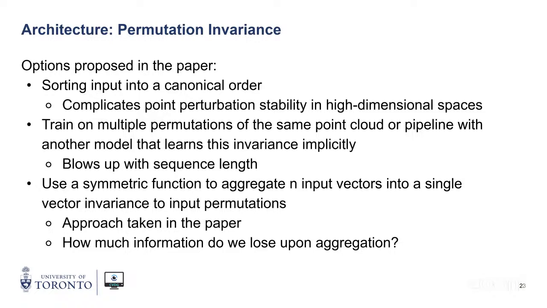One other important question to ask yourself is, when we aggregate all our information in the end with something like a summation or max pooling, where we're just taking the element-wise max through all of our vectors, how much information are we losing? And does this affect the expressivity of our network?